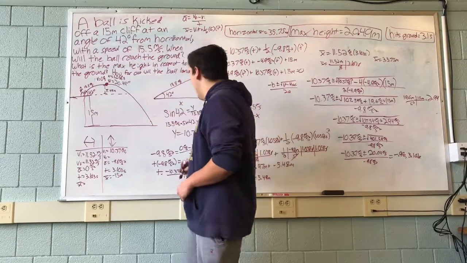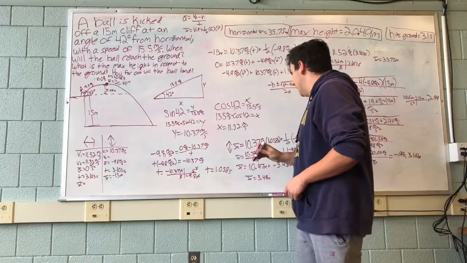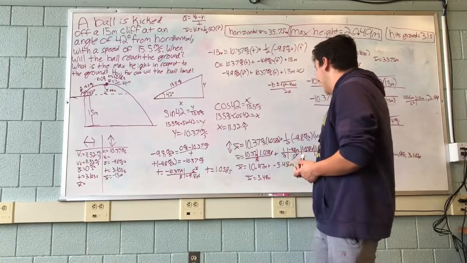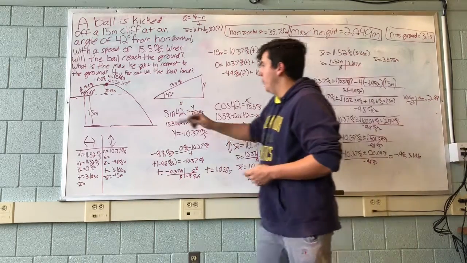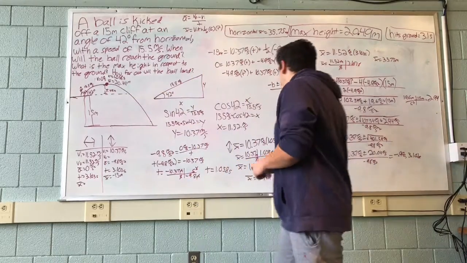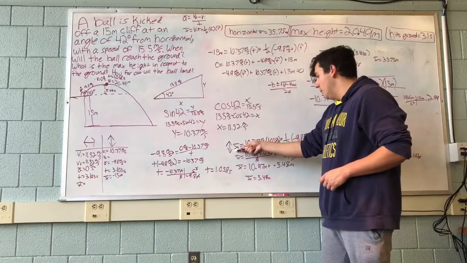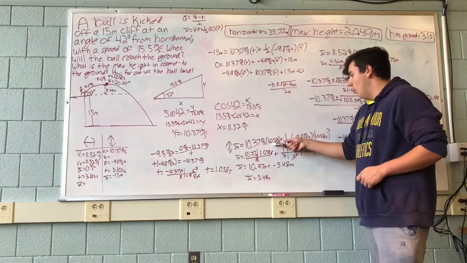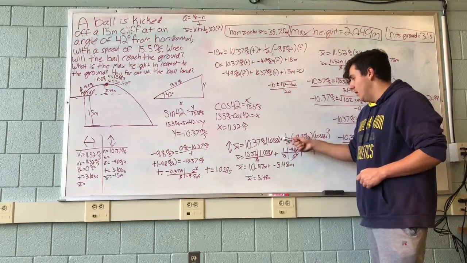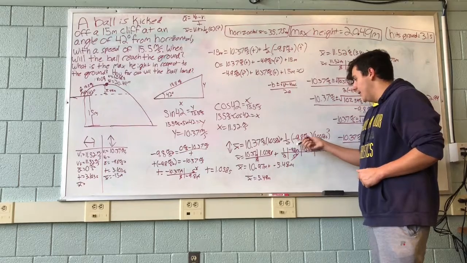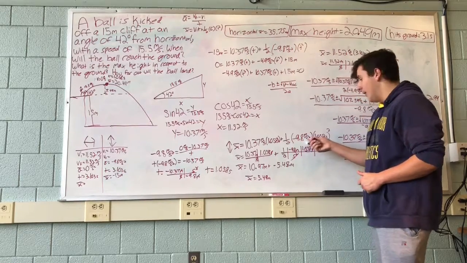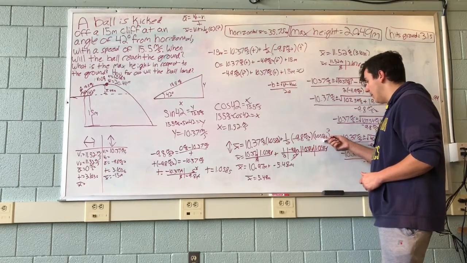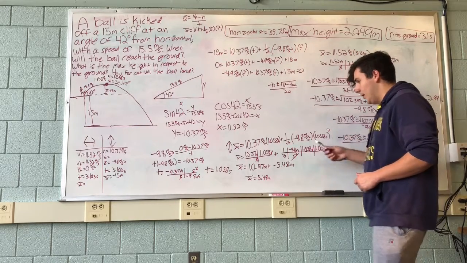Using that time, plug it into the displacement equation and solve for displacement from here to here. So you have your vertical displacement is 10.37 meters per second times 1.058 seconds plus 1/2 times negative 9.8 meters per second squared times 1.058 seconds squared.